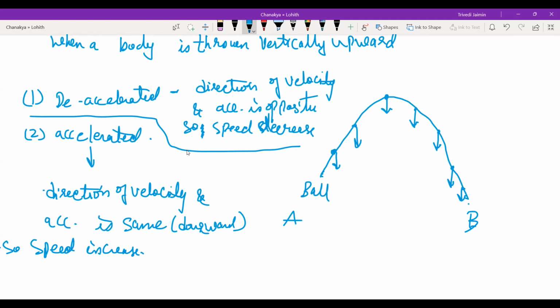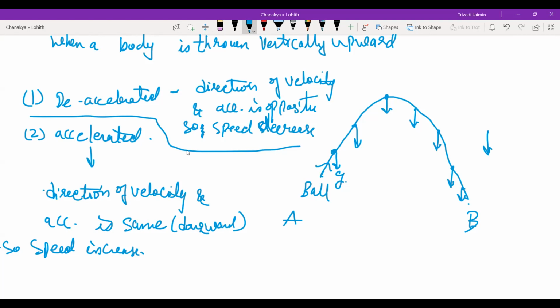What, sir? I did not get your question. Okay. So acceleration and deceleration, which is on side A, which is on side B? So acceleration is towards side B and deceleration towards A. Exactly, because here we are throwing a ball from here. So the direction is opposite to the direction of g. So it is decelerated motion. That's why at some point it will decelerate. But in this one, they both have the same direction, acceleration as well as velocity.